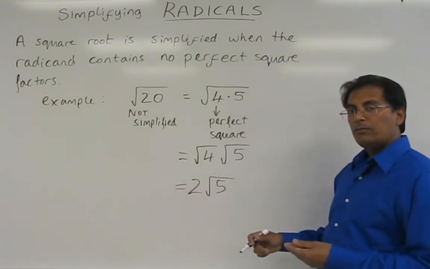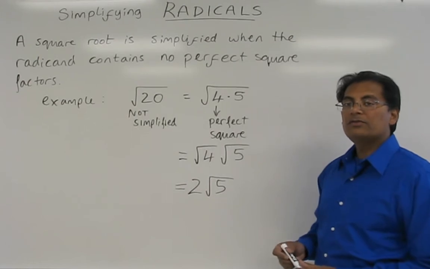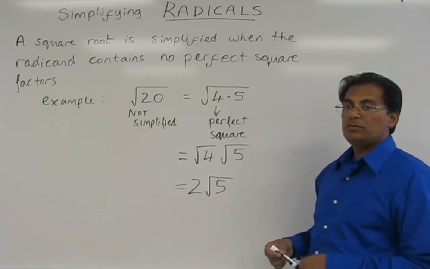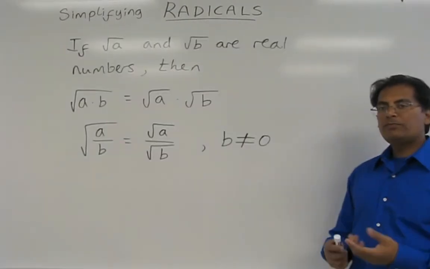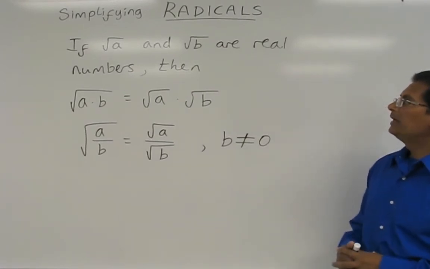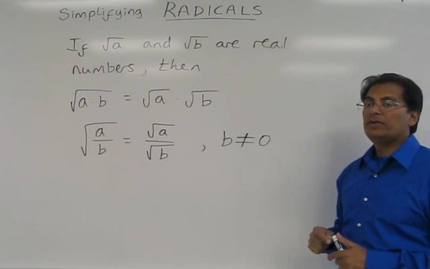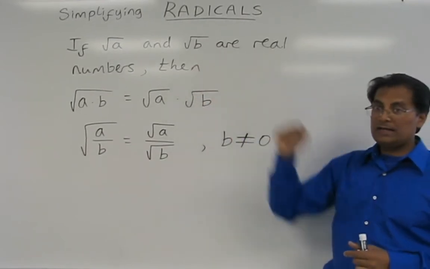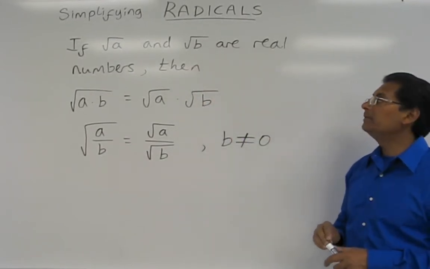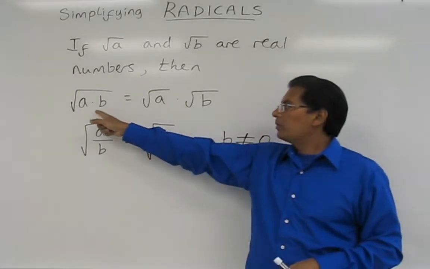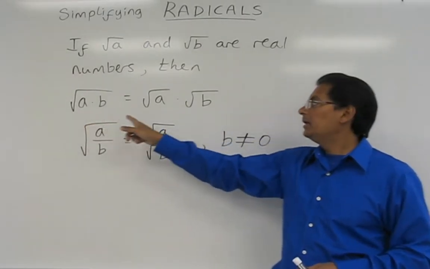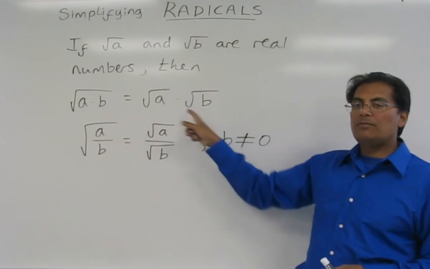So the reason we can do this is based on the property of square roots, which we'll talk about now. What this property says for square roots is if the square root of a and the square root of b are real numbers, so they exist, then the square root of the product a times b is equal to the square root of a times the square root of b.